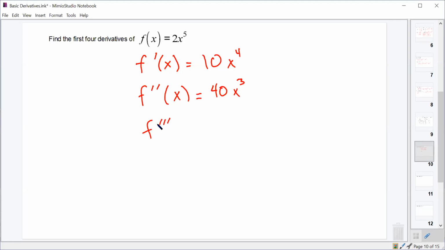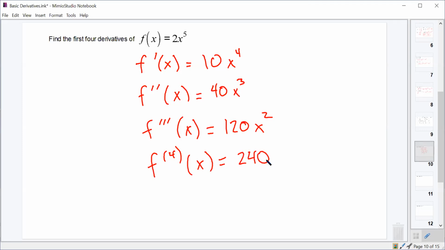Our third derivative, f triple prime of x, would just be 120x squared. And our fourth derivative should be what? 240x, great. Pretty straightforward, easy. We're just using the power rule straight through.